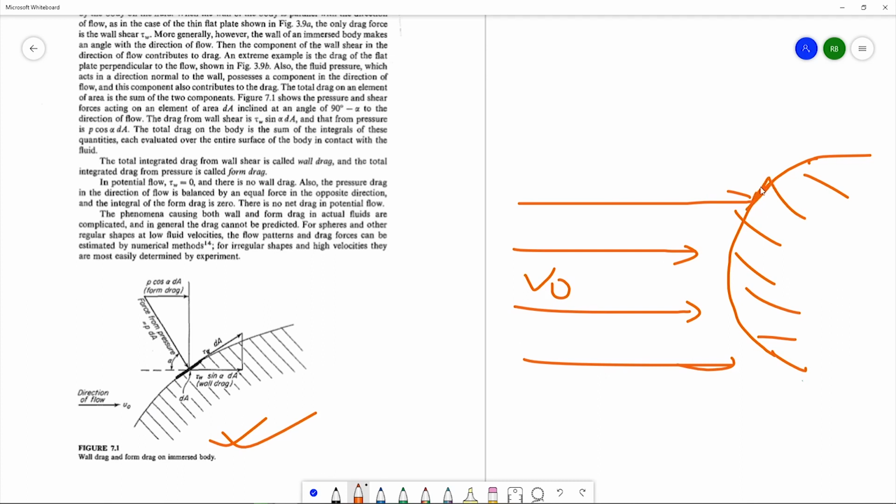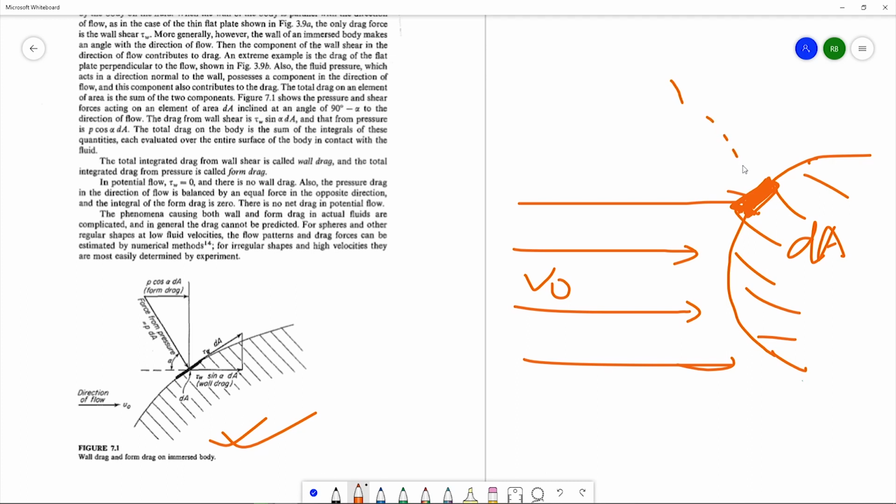Now, obviously you have to calculate the whole drag force on this solid by integrating over the whole area. So before integrating, we'll just consider a small area dA on this sketch. Let's say it is the area dA. So what is the normal to the surface?